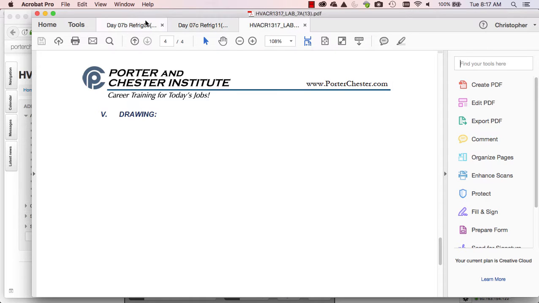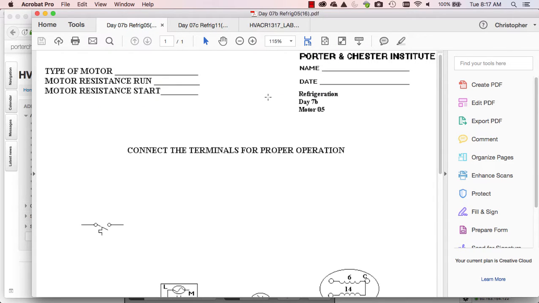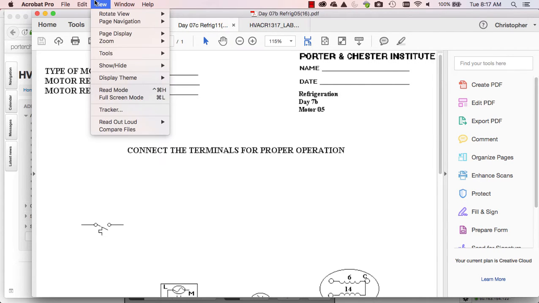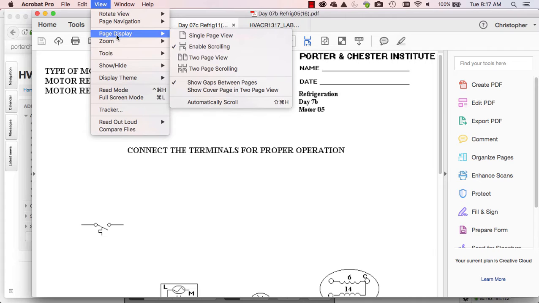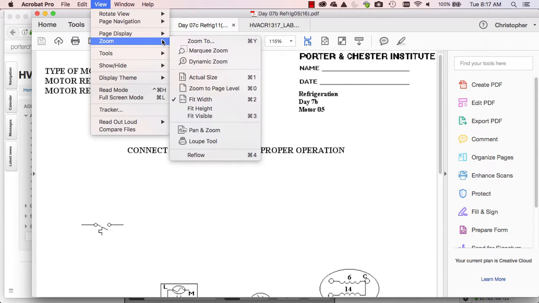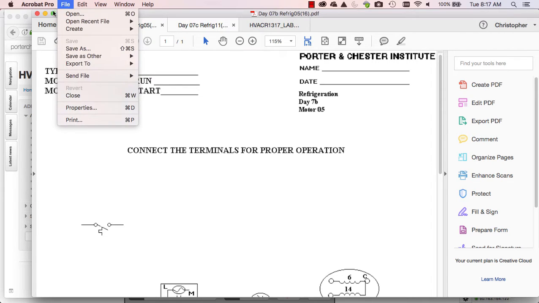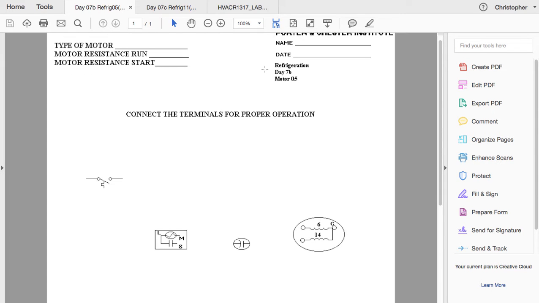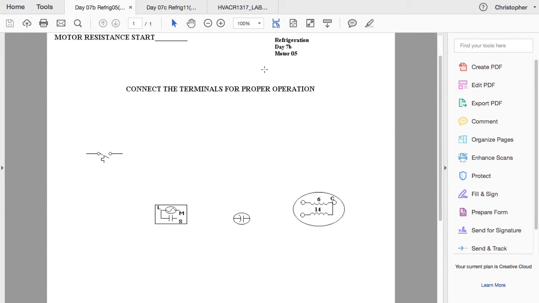Okay, now let's go ahead and talk about the first diagram, the connect the dot diagram. So let's pull this up to a full screen. And I'm going to pull this down a little bit so I can see the whole diagram on one page.